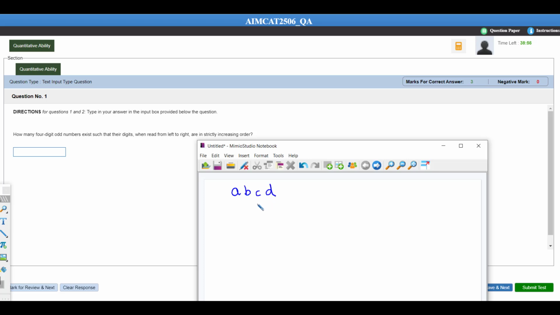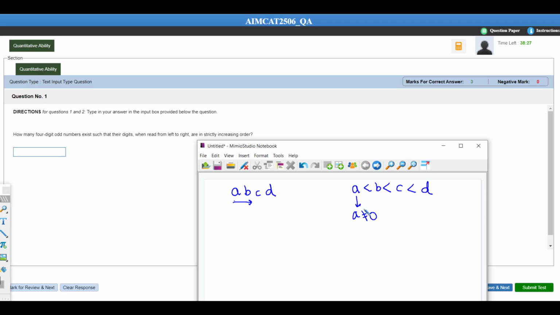When they are read from left to right, they are strictly in an increasing order. Increasing order means A should be less than B, less than C, less than D. And A cannot be 0. None of the digits can be 0, because we want increasing order. 0 could come only at the first place, but it is not allowed.